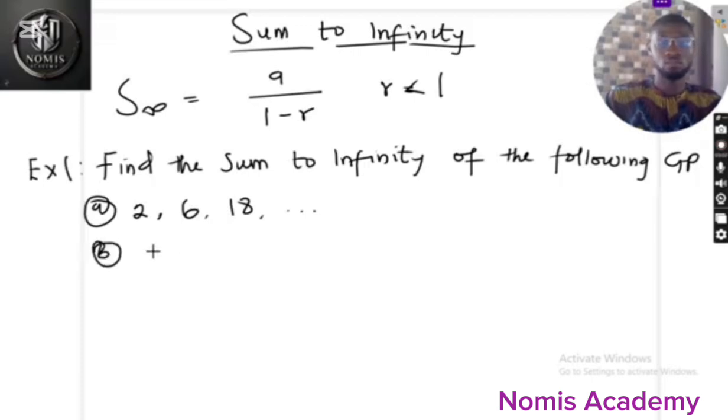B: 1 over 2, 1 over 4, 1 over 8, and it continues like that. So let's get into the solution.